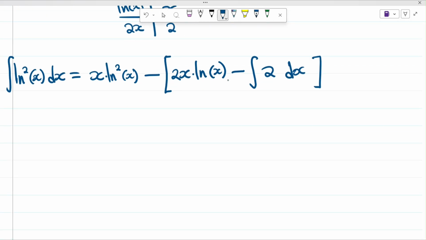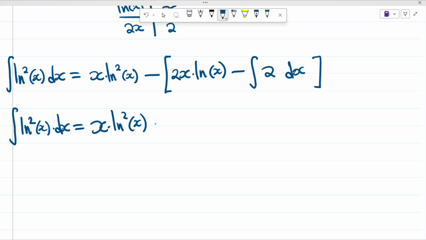All right, now we just need to do what? Maybe I can start by integrating that part before I multiply by the negative sign outside. So I'm copying now: the integral of ln squared of x dx is going to be equivalent to x multiplied by ln squared of x minus 2x ln of x.